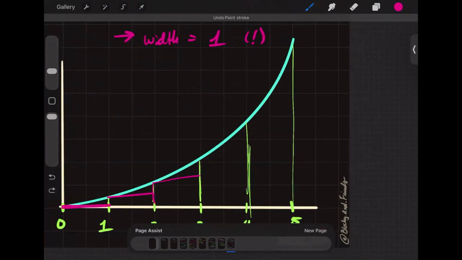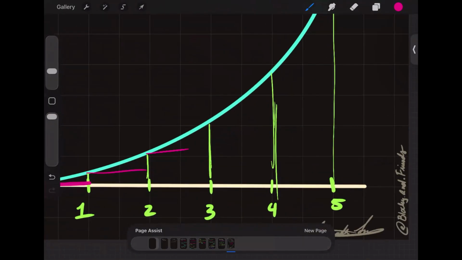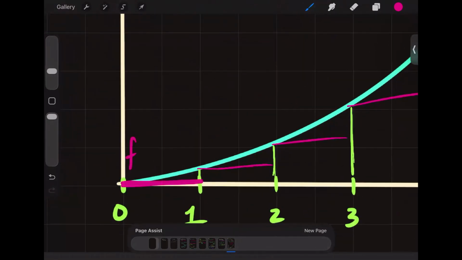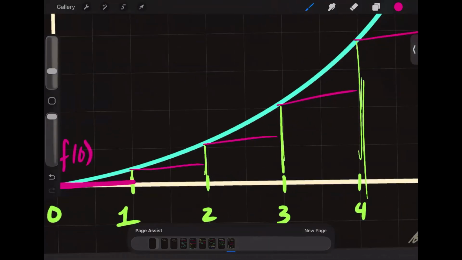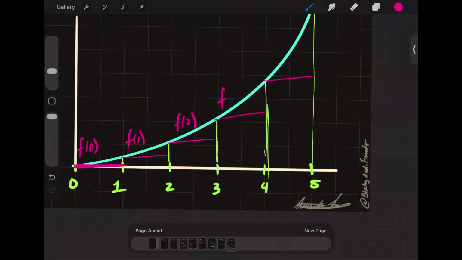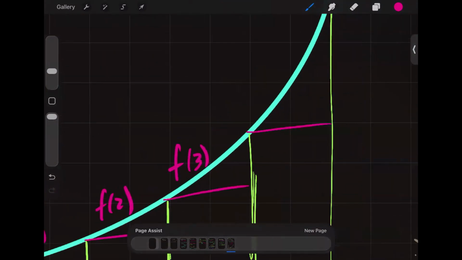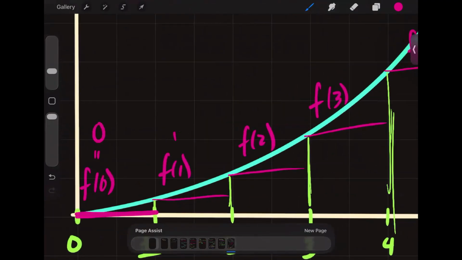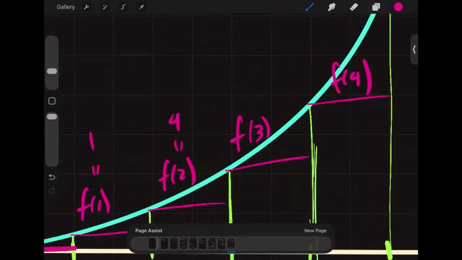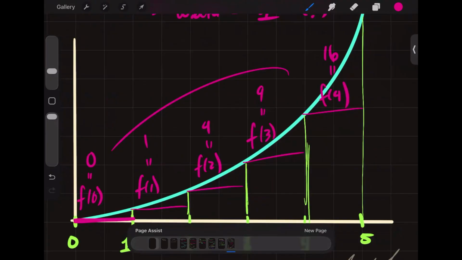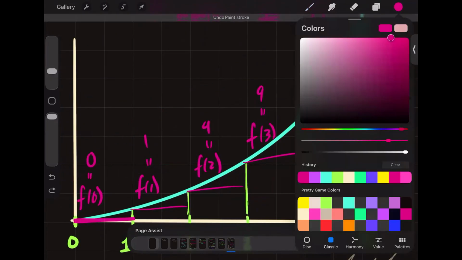If you do it like that, you end up with f of 0, f of 1, f of 2, f of 3, and f of 4. That gives me 0, 1, 4, 9, 16, and that adds up to 14. This whole thing adds up to 30.